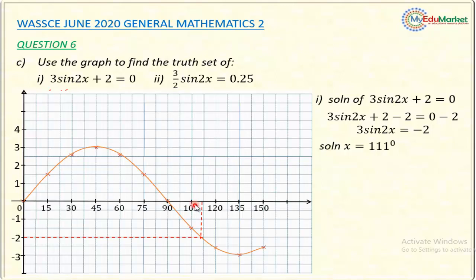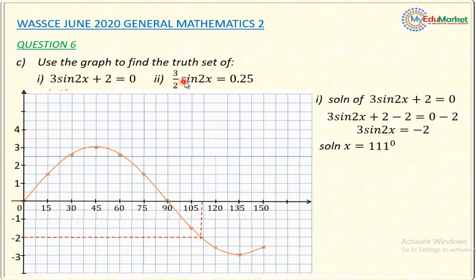So I'm going to have 106.5, 108, 109.5, and it's like we are adding to 105 here. We are adding 6. So when you add 6 to this, it will give you 111 degrees. So this is the solution to question Roman 1.